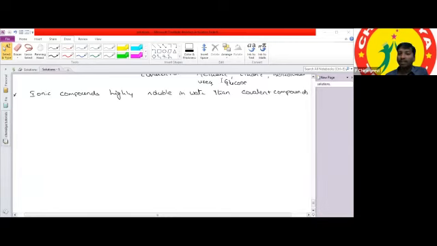Okay. What is the nature of the solute? The solute may be an ionic compound or a covalent compound. Generally, ionic compounds are highly soluble in water compared to covalent compounds.